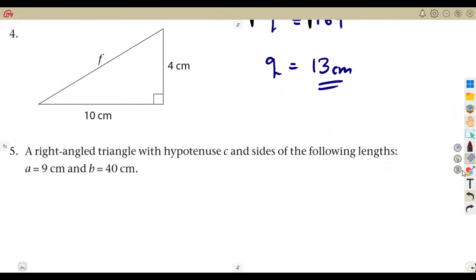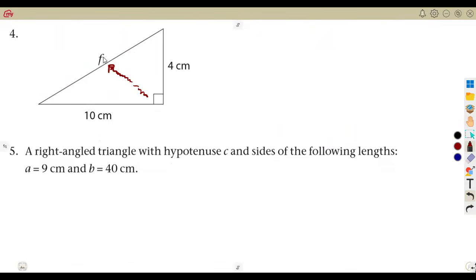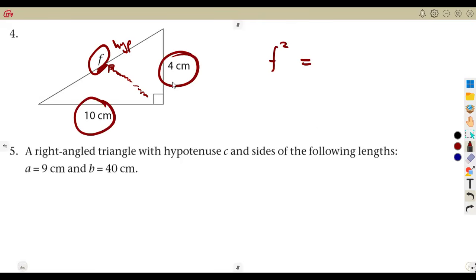On question number 4, a similar question again. If you consider the side facing the 90 degrees, that is the side F. In that case, that is our hypotenuse. So what is the formula? Hypotenuse squared, F squared, is equal to the squares of the shorter sides that we are given, which are the 4 and the 10.